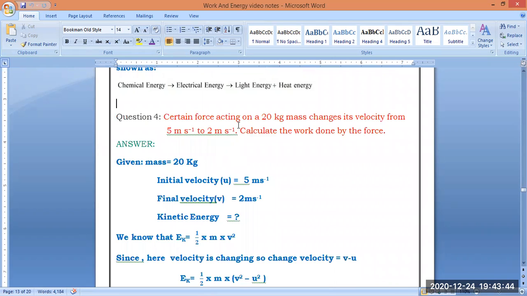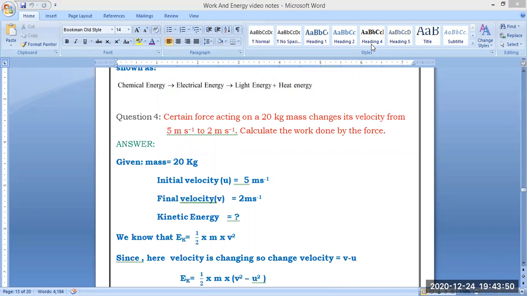A certain force acting on a 20 kg mass changes its velocity from 5 meter per second to 2 meter per second. So initially the velocity of the object was 5 meter per second, then it is decreasing here. Calculate the work done by the force.